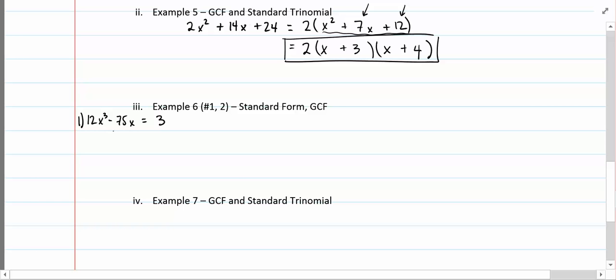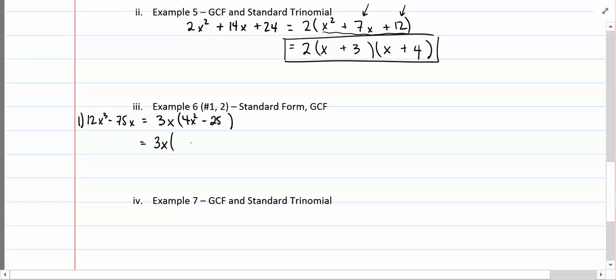And we can also factor out an x value from each. If I factor a 3 and an x from both of these terms, the 3 factored from 12 leaves me with 4, and the x factored from x cubed is an x squared. Then the 3 factored from 75 leaves us with 25, and the x factored from x leaves us with nothing else here. x divided by x is 1, so essentially that disappears.